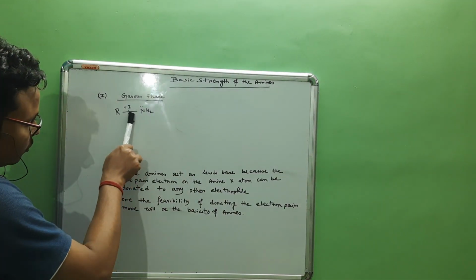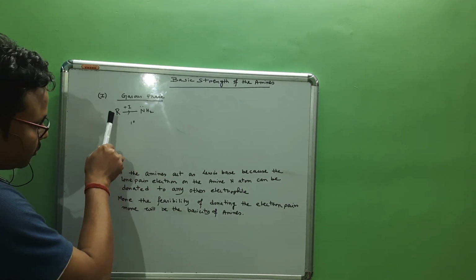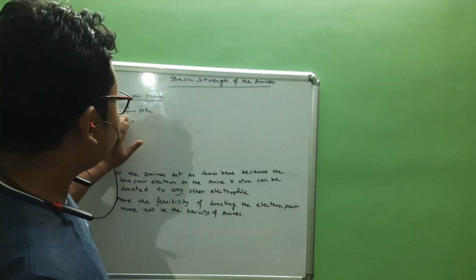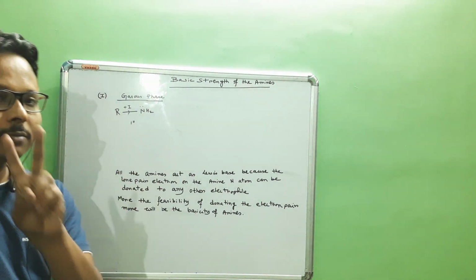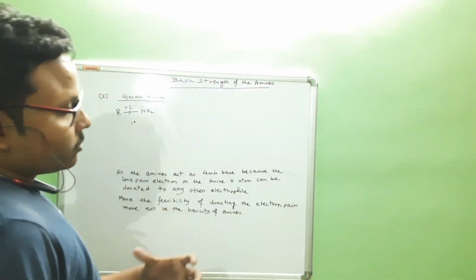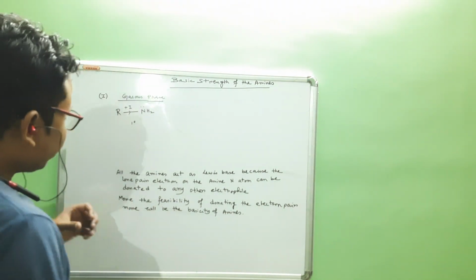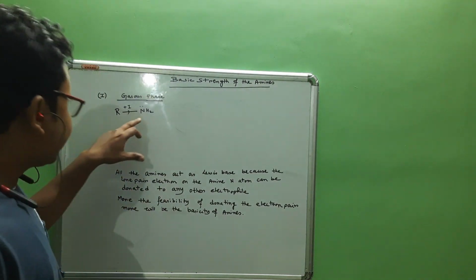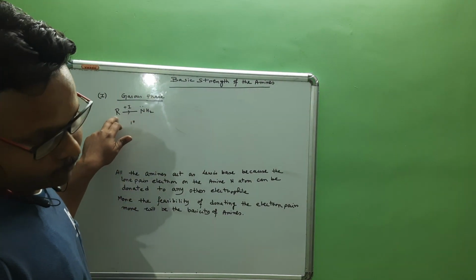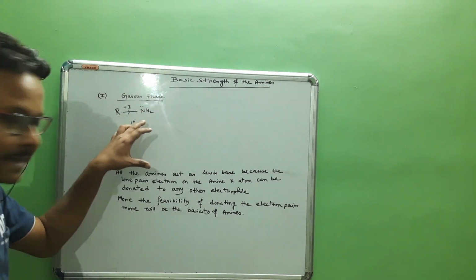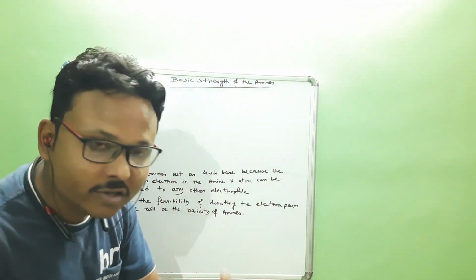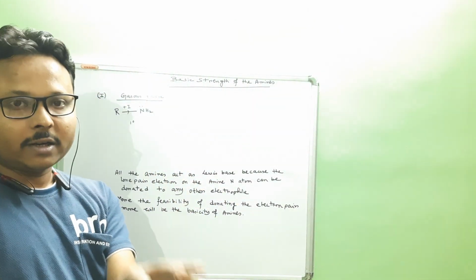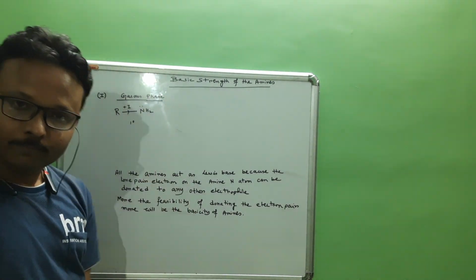That means the sigma type covalent bond between the alkyl group and nitrogen atom consists of two electrons, and the electron cloud is pushed towards the nitrogen atom by the alkyl group.